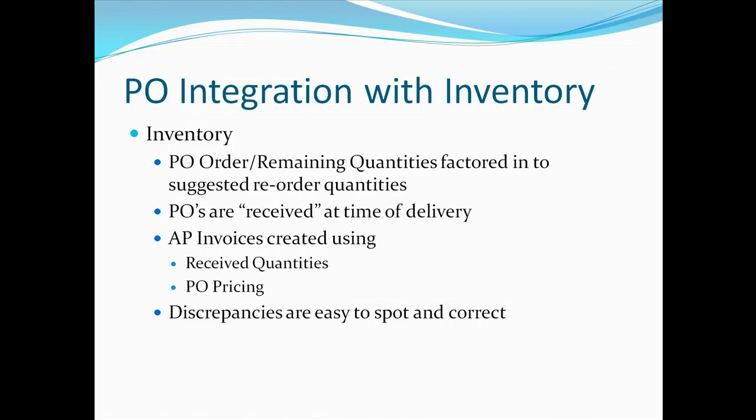POs are received at the time of delivery, creating an AP invoice using the received quantities and the PO pricing. We simply look up this invoice when we receive the invoice from the vendor and make sure that our quantities and pricing match what we got on the delivery ticket.